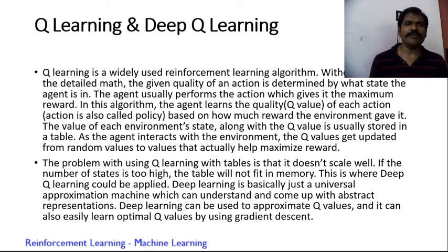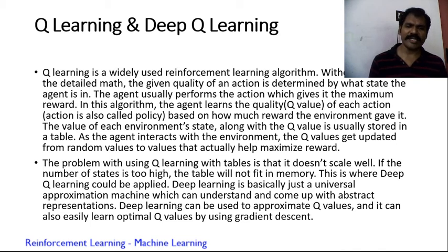So here we are going to use the Q-learning algorithm, which is a widely used reinforcement learning algorithm. Without going into detailed mathematics, the quality of an action is determined by what state the agent is in. Q-learning is model free and is based on how much reward the environment gives each and every time.